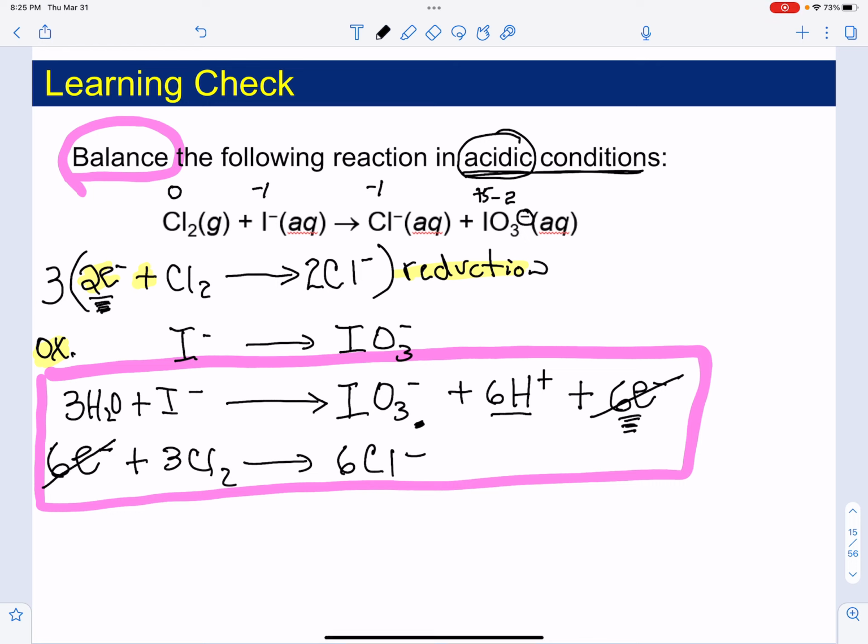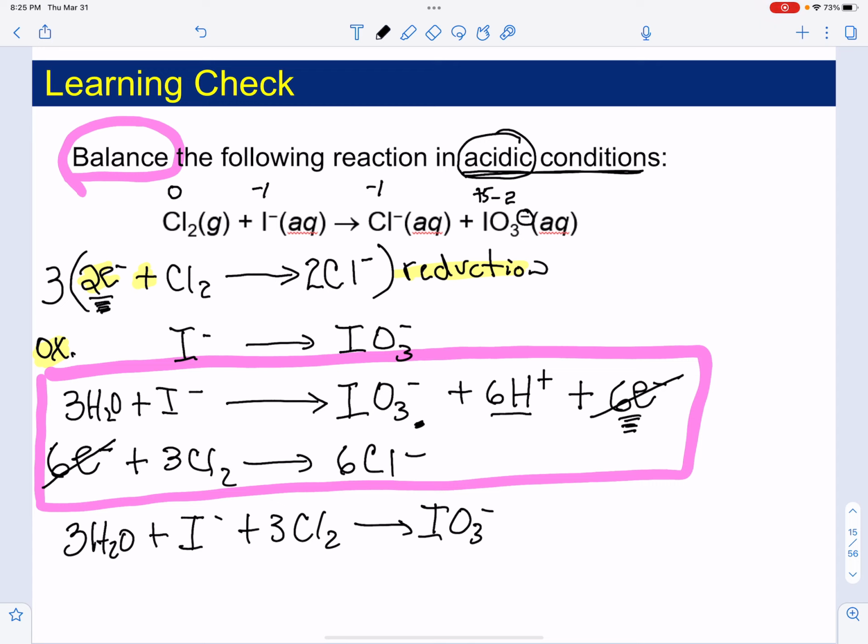And then we put everything together. So 3 waters plus 1 iodide plus 3 chlorines producing 1 iodate plus 6 chlorides plus 6 protons.